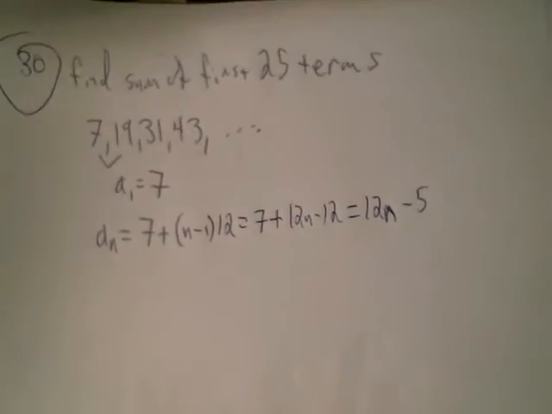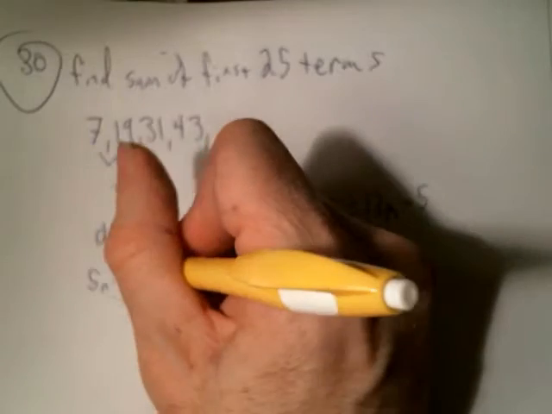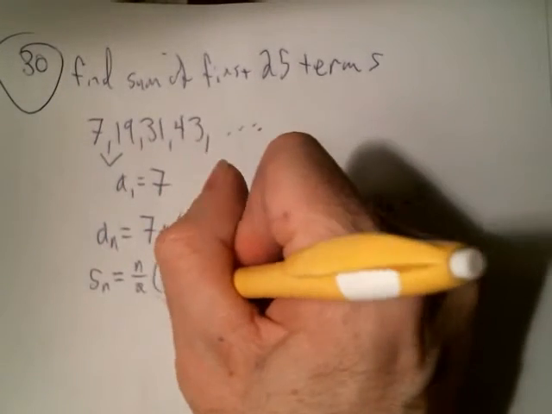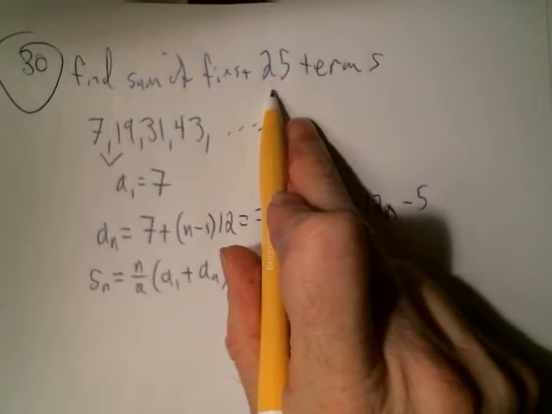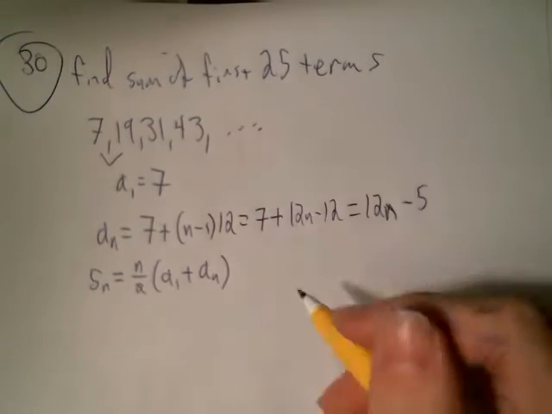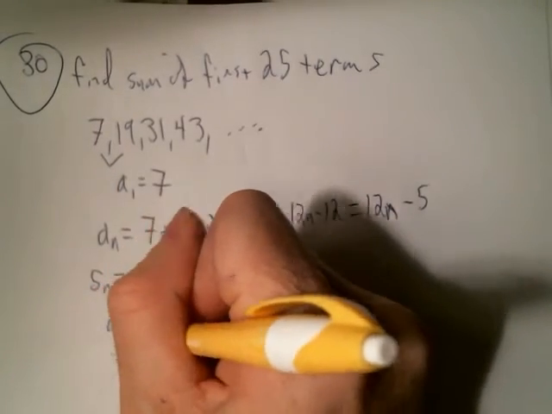So this would be 7 plus 12n minus 12 equals 12n minus 5. Okay, so our formula for the sum of the first n terms is n over 2 times a sub 1 plus a sub n. We want the first 25 terms, so the only thing we really need is a sub 25. We know everything else.